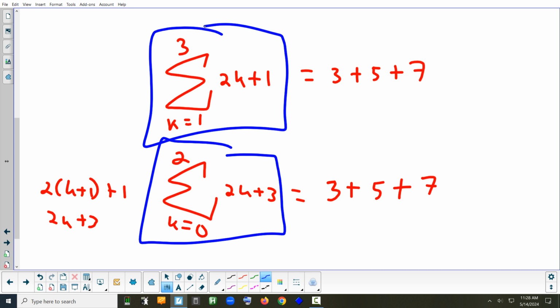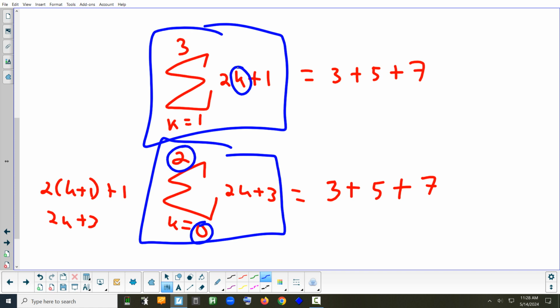I changed my index. And I didn't mess up the answer because I changed everything the way I needed to. I bumped this number down 1. I bumped this number down 1. And then I took my k and I put it up 1. So you can change where your index starts and stops if you need to.